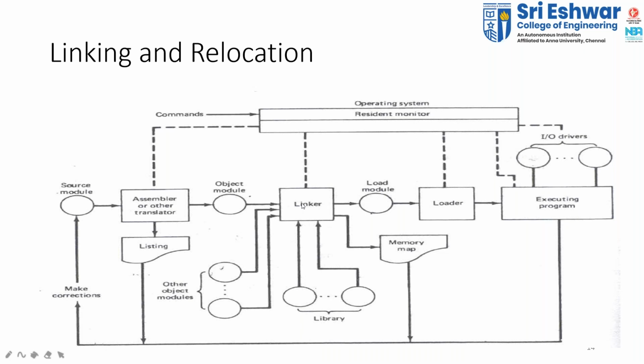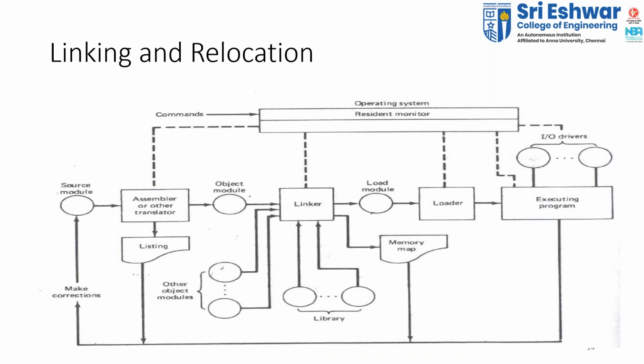Okay, so finally the output of the linker will be the combination of object files and library files, and finally we give it to the load module, where my program location will be allocated. Memory locations for my program are allocated in the load module, and here we have memory mapping, which shows which program is present in which memory location.